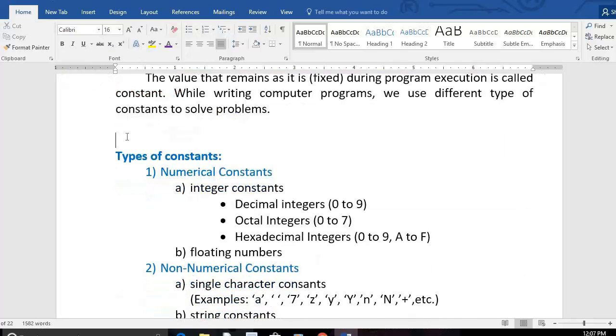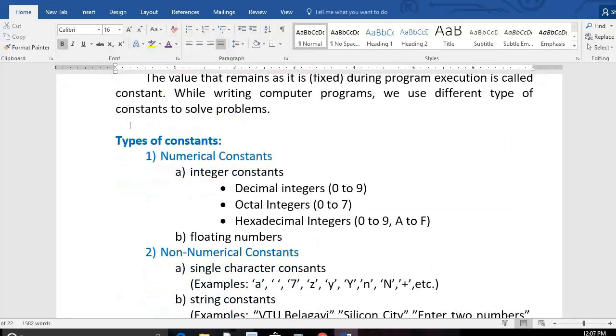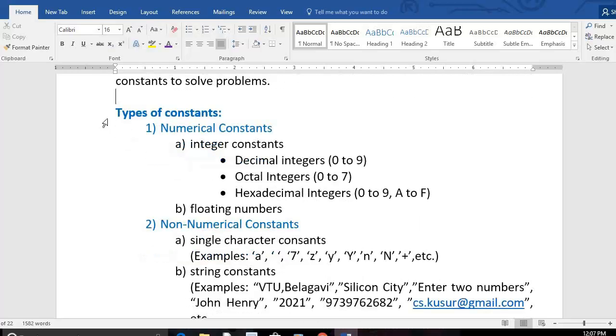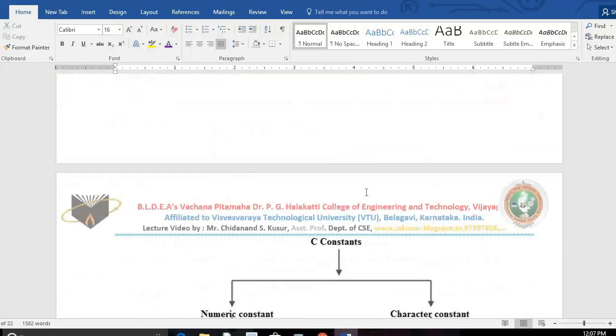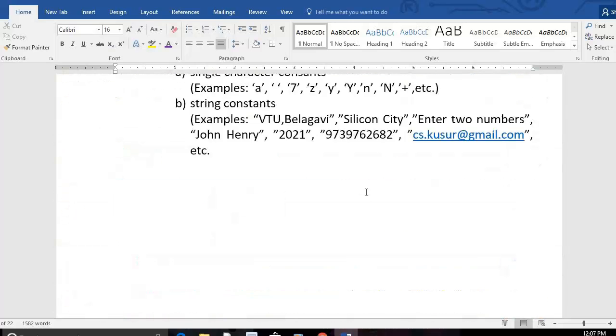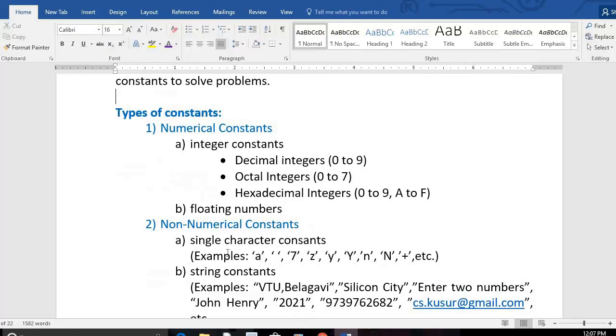All of you are very intelligent students. First spend time to understand, then you need less time to write. Very good. Instead of drawing this diagram, one of the students has written like this. This is also fine. Types of constants: numerical constants and non-numerical constants. In numerical, integer constants and floating numbers.